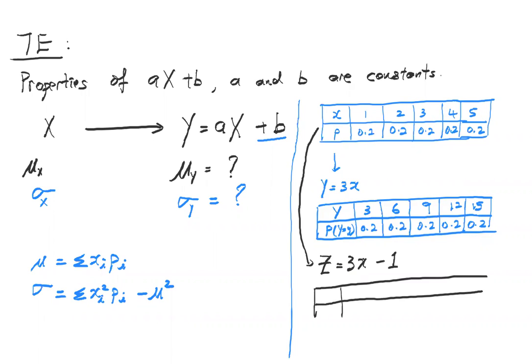I purposely choose 3X because I can build from the Y. So there is my Z. Probability is still 0.2. So when X is 1, 3 times 1 is 3, 3 minus 1 is 2. So you build the table, please. Then you key all this into your graphic calculator and you count the probability. Then I will explain to you why it is like that.